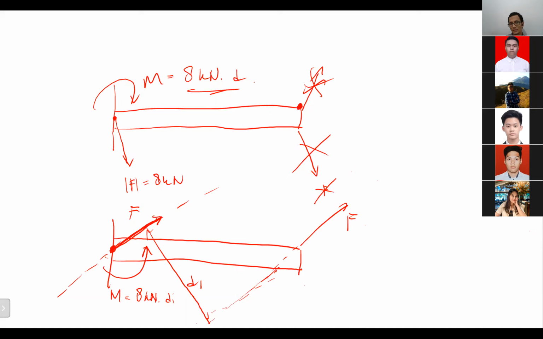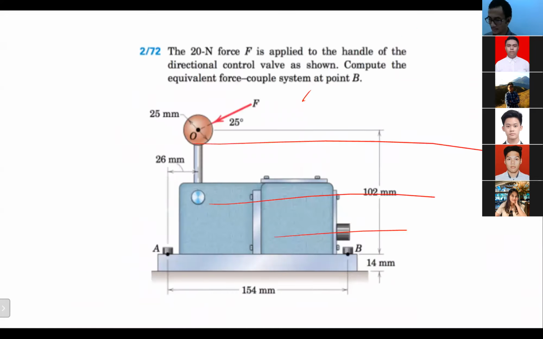You said after we found D, we can find the moment and the couple, right? Couple and moment are actually the same in this case. Basically, when you have two forces of exactly the same magnitude but different direction, and parallel to each other, we call it a couple. Right? Yes.